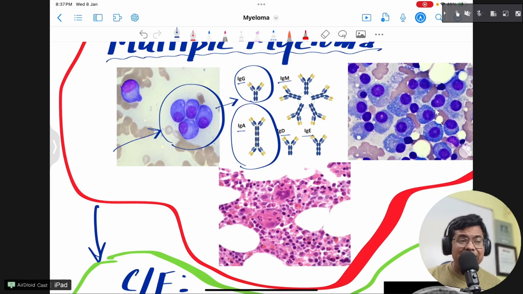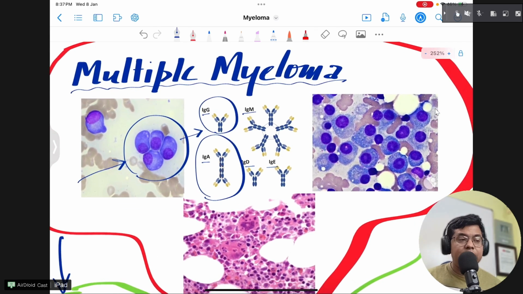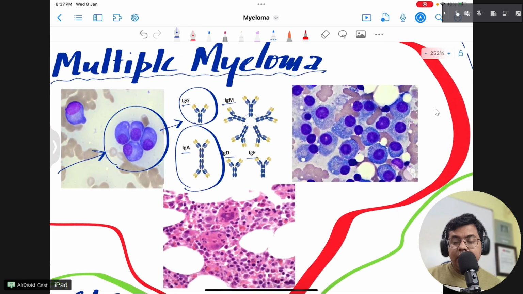Now, let's understand the basic structure of an antibody. This is IgG and it has two arms. These are the FAB portions. And this small part is known as the FC portion.